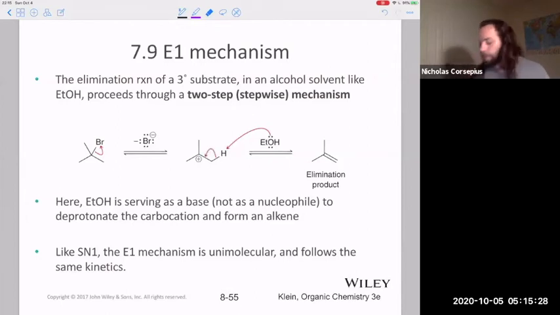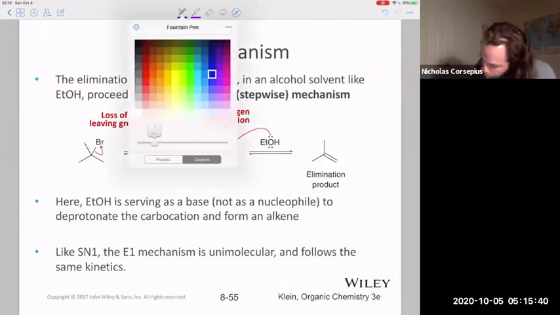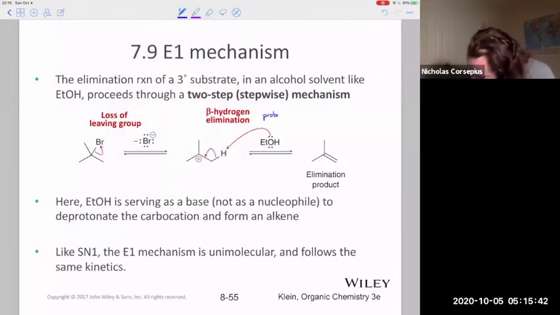Then that comes down. But this is now a second step. So we have loss of leaving group first, then beta hydrogen elimination, or what we would call proton transfer, occurs next, and that's how you get your elimination product.